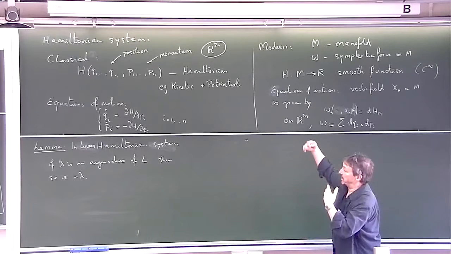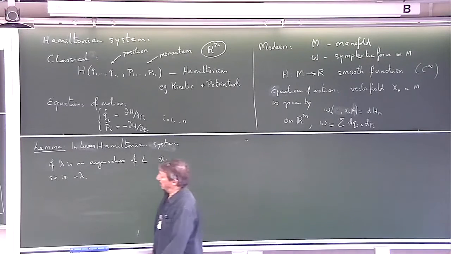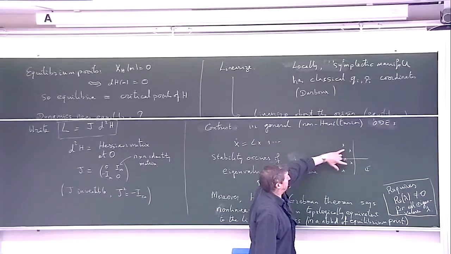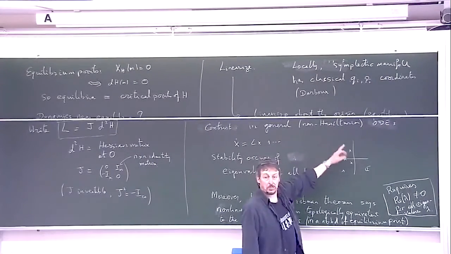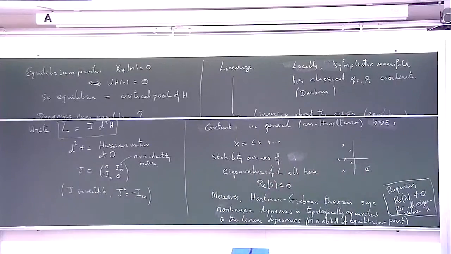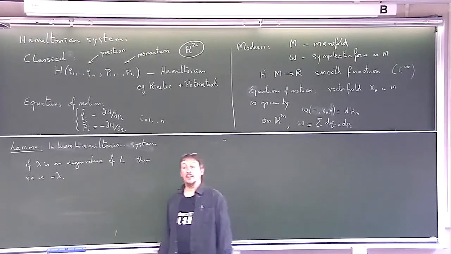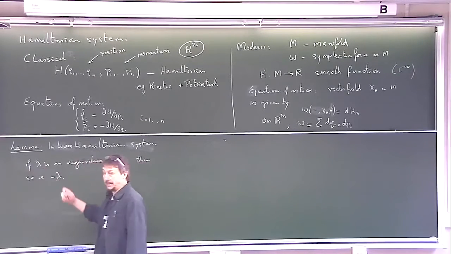Of course, I'm assuming everything is real here, so this was complex plane, and you notice I drew them as complex conjugate pairs, which we all know. Any real matrix, the eigenvalues come in complex conjugate pairs. So here it's not only complex conjugate pairs, but also opposite lambda and minus lambda.